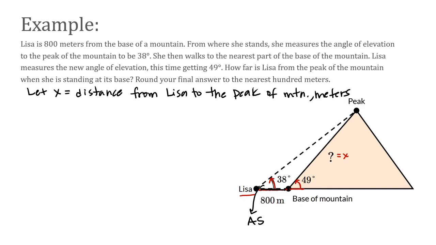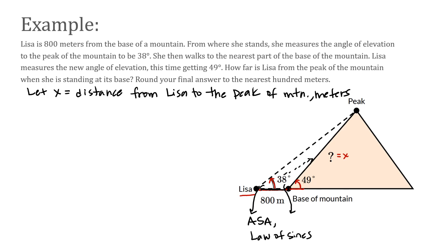If we could determine this angle that is inside of that triangle, then we would have an angle-side-angle triangle, and we could use law of sines to solve for x, because x is the side across from the 38-degree angle.